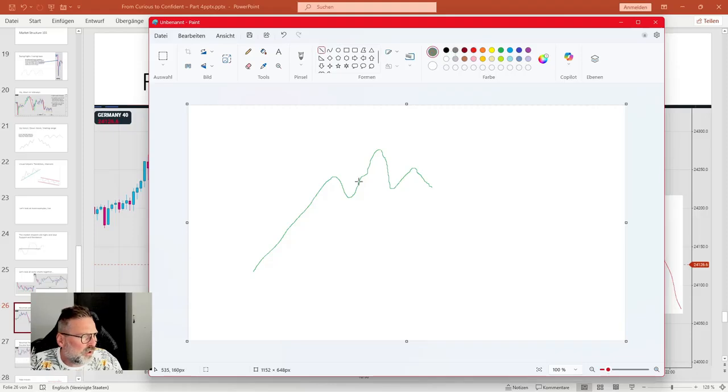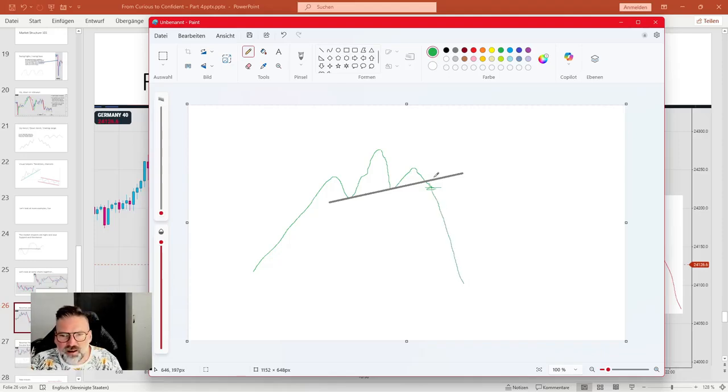But now we can draw here something that's called the neckline. So we draw a line here, just connecting those two swing lows. And once we trade through there, we break through here, we could sell short because we expect now the trend reversal. Uptrend reversed to a downtrend.